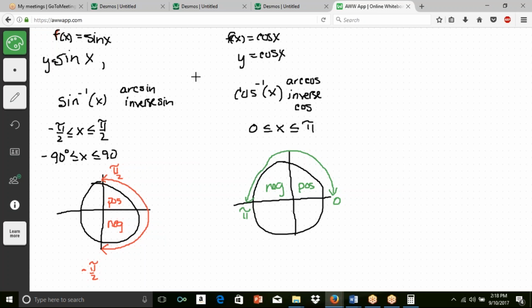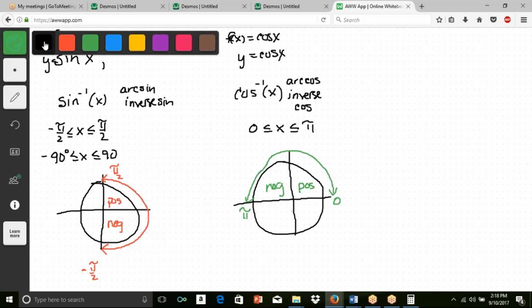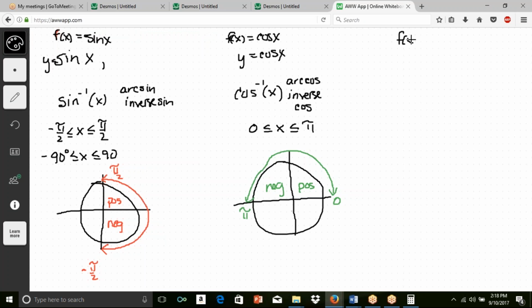So if I have my function, which is f of x is tan of x, or I could say that y is equal to tan of x, then I have arctan of x, which is arctan or inverse tan.